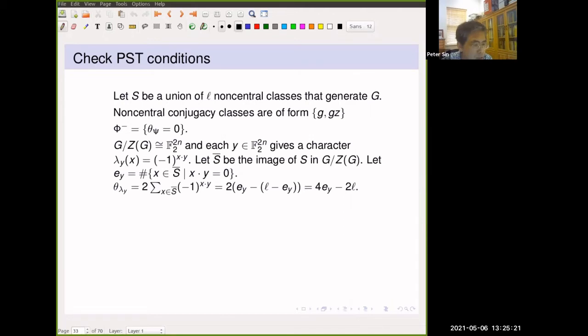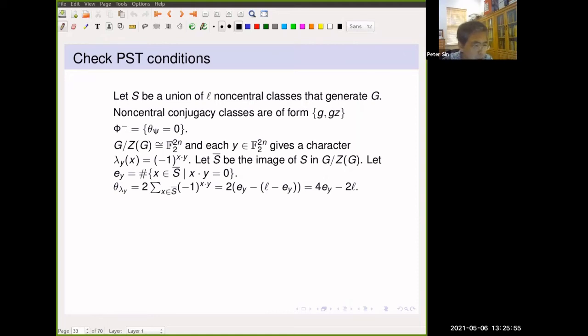Now let's look at the characters of G mod Z. G mod Z is an elementary abelian group, and each element Y of it gives you a character by taking -1 to the dot product. Let S bar be the image of S in G mod Z, and let E sub Y be the number of elements in S bar such that the dot product with Y is 0.